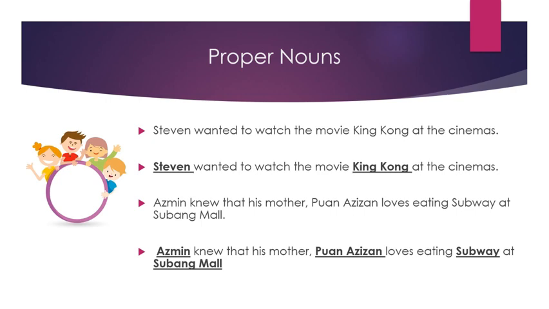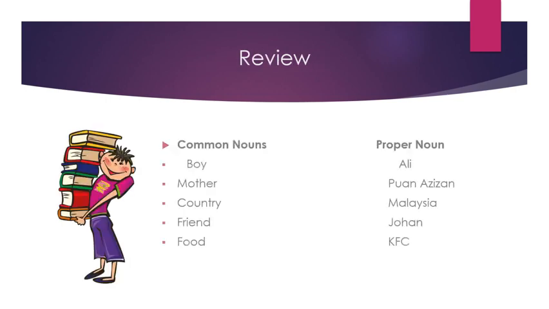So I hope in this exercise you have understood what is a common noun and what is a proper noun. Always remember, a common noun is very general. For example, here we see the common noun boy. If I want to make it a proper noun, I need to know who that boy is. The boy's name is Ali, so therefore it's a proper noun.